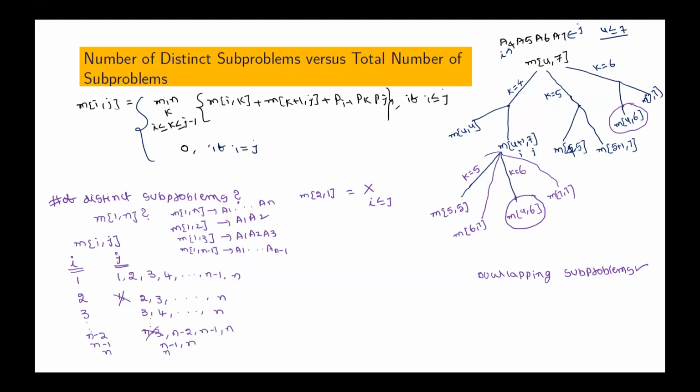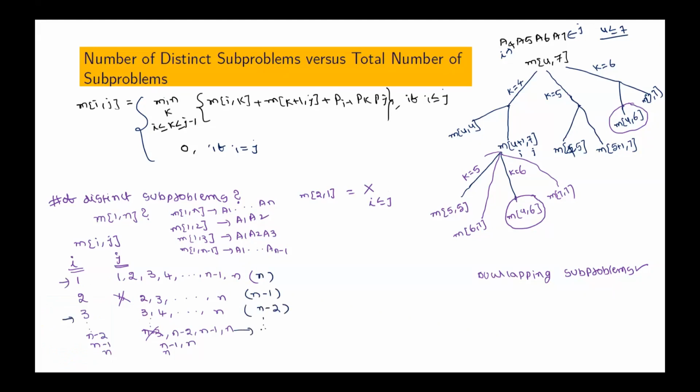Is that okay? So how many distinct subproblems do we have in the first case? Each combination is one subproblem. So n. How many distinct subproblems in the second case? n minus 1. How many in the third case? n minus 2 and so on.